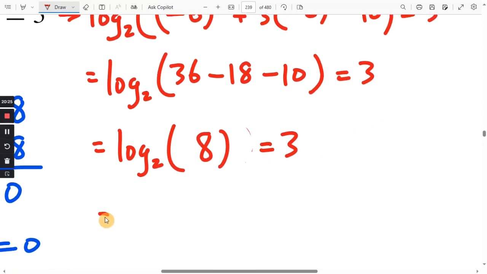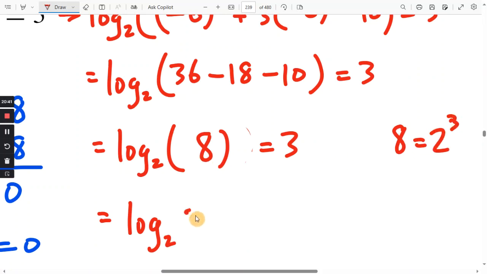Let's see. This is log base 2, and can we convert 8 to a base 2? Well, let's see. 8 is the same as 2 to the third. So in place of 8, I'm going to sub in 2 to the third.